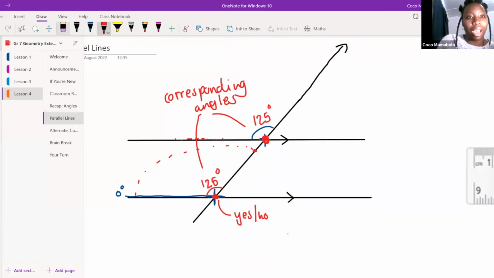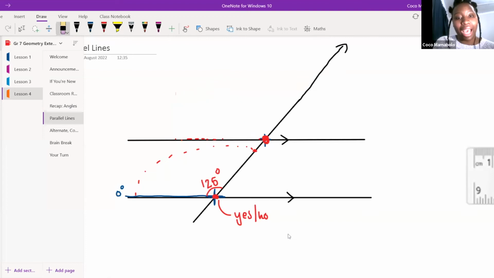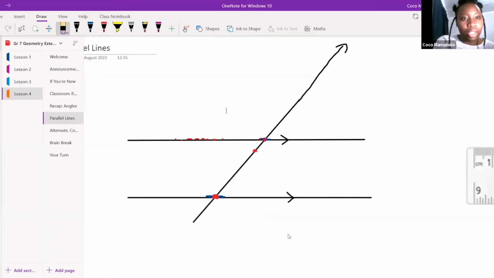All right, so now what I want us to do next is we are not going to erase anything. I'm erasing because my screen is going to get kind of messy. Do not erase anything. Okay, here's what I want you guys to do. I want you guys to take your protractor, and this time, I want you guys to put the 0 along this line.